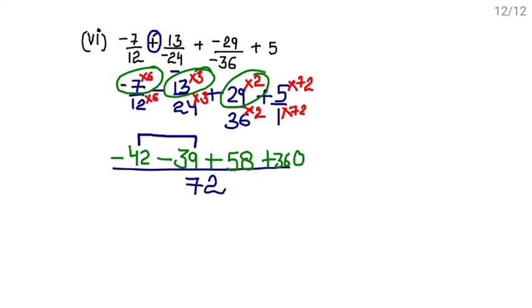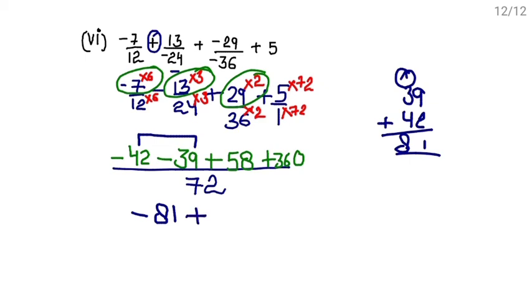Now these are of the same sign, so add them. 39 plus 42: 9 plus 2 is 11, 4 plus 4 is 8. This is minus 81, because the sign will be of the greater numeral. Plus these are of the same sign, add them: 8 plus 0 is 8, 6 plus 5 is 11, 3 plus 1 is 4.